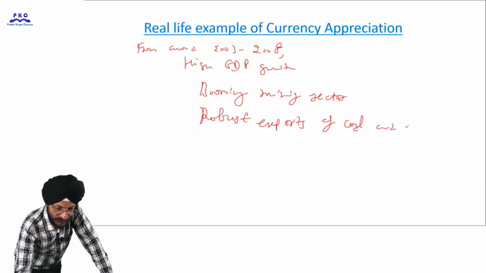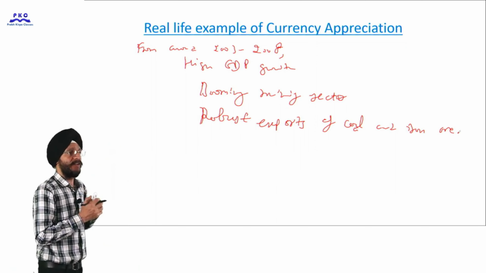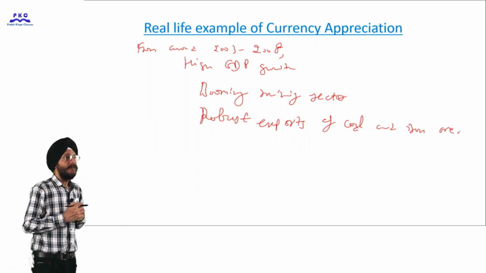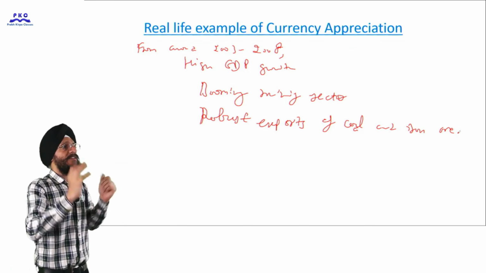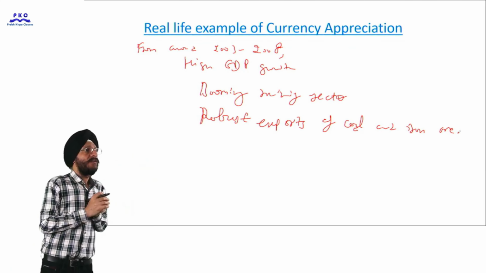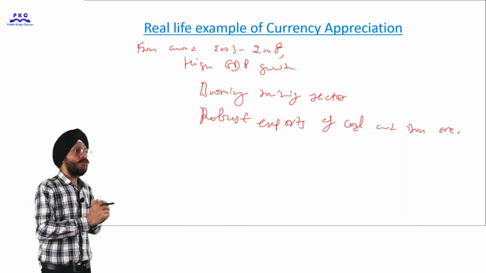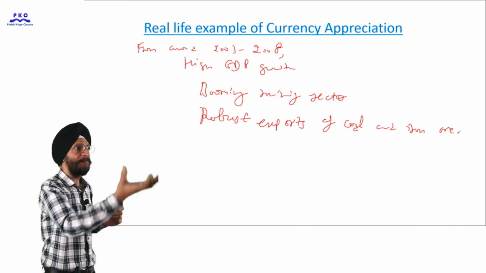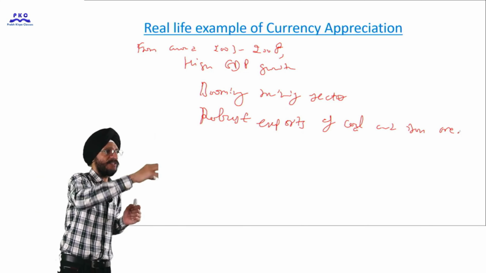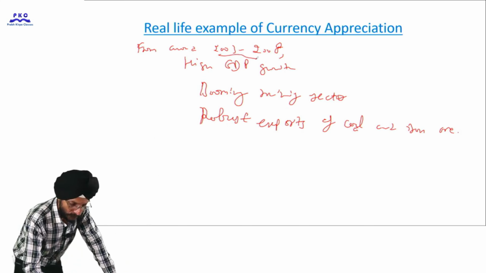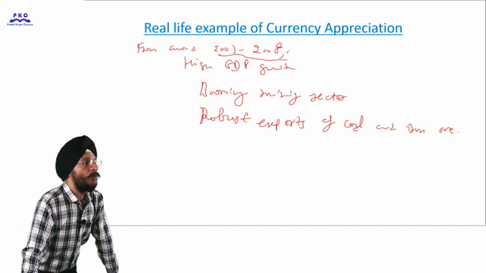It was having those reserves, and so it was exporting. The political environment in that country was very stable. The interest rate policy of the Australian central bank was also very favorable. So all this resulted in the appreciation of the currency of Australia during the period 2003 to 2008.